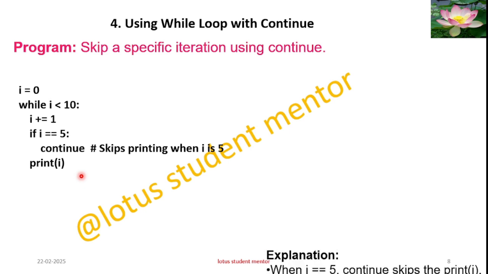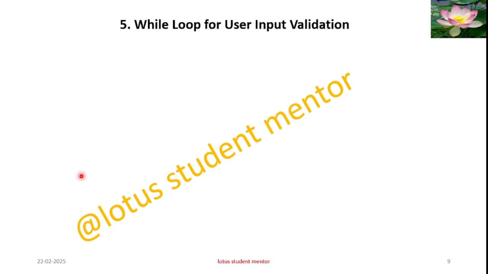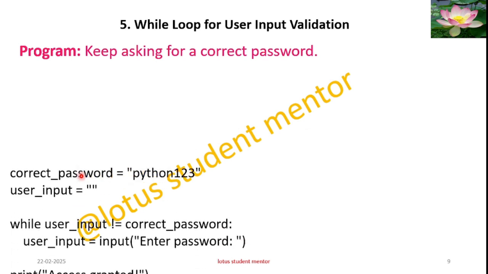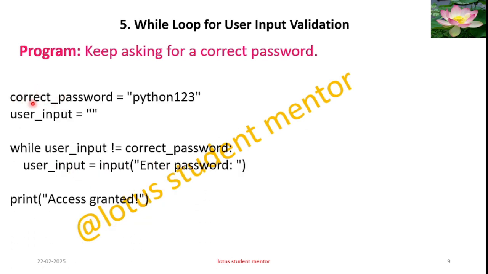The next case is user input validation, checking whether the user input is the correct password or not. Suppose in this case correct password equal to Python123. Alright, it is the password. User input, we have to give the user input. While user input is not equal to correct password, it will ask you continuously to enter the password.